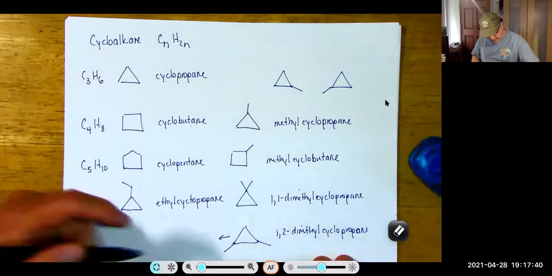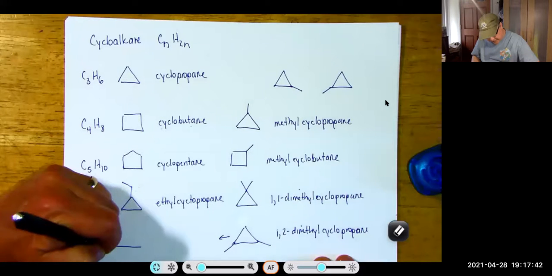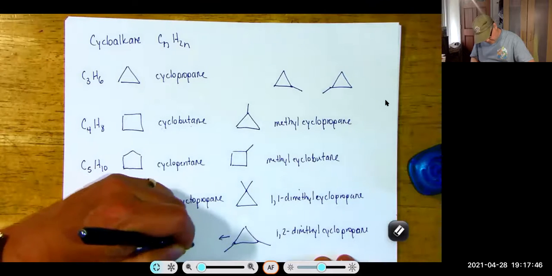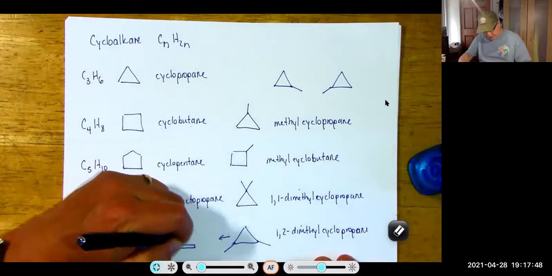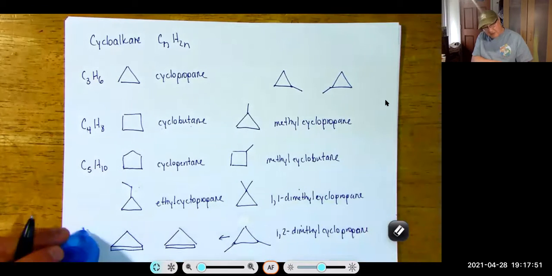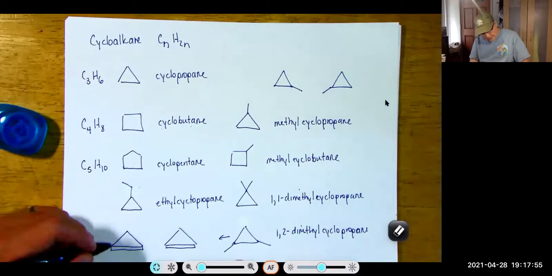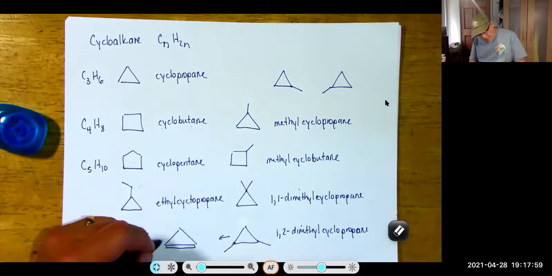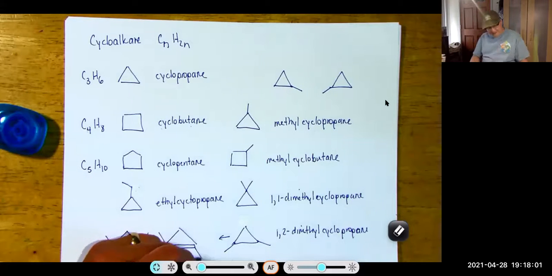So when we look at it like this, I like to draw the edge like that. So can you see we're looking at it from the edge on? Okay, so we can have both methyls like this, or we can have one methyl like this and one like this.